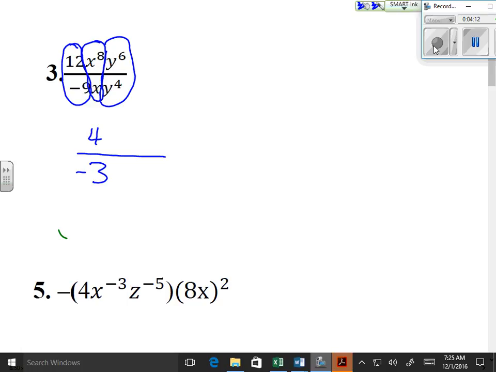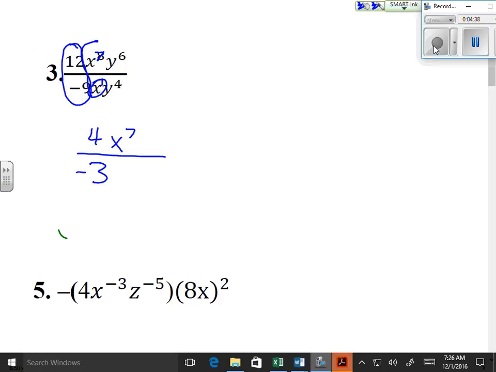And then on the x's, we have x to the 8th on top, and x to the first on bottom. So since there's more on top, we'll do x to the 8 minus 1, which would be the 7th. Because basically this one right here is going to cancel off one of those 8.